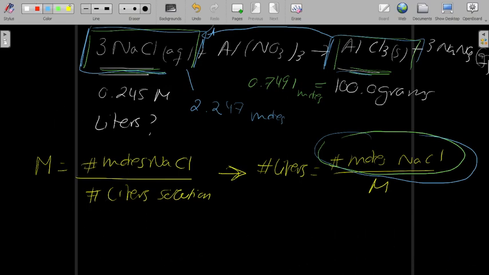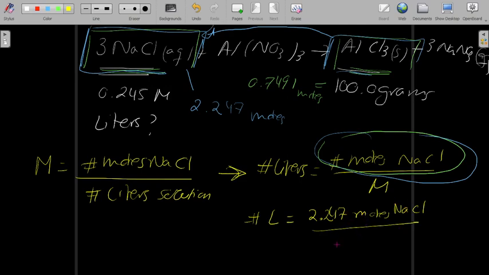Go back to yellow. So the number of liters equals the number of moles, 2.247. Sorry, I forgot to put a 2 here. 2.247 moles of what? Sodium chloride divided by the molarity.